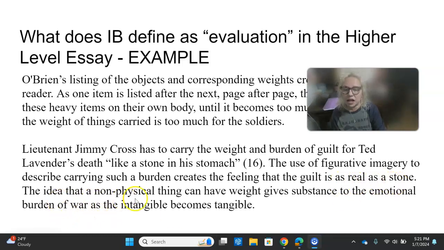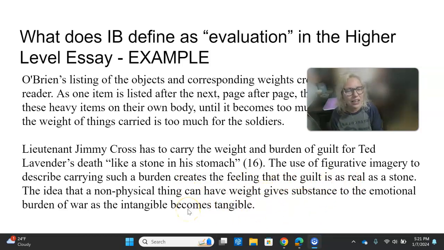The idea that a non-physical thing can have weight gives substance to the emotional burden of war as the intangible becomes tangible. So what is the effect of this comparison of guilt to a stone being carried in your stomach? It makes us feel the burden, that guilt is substantial and tangible.